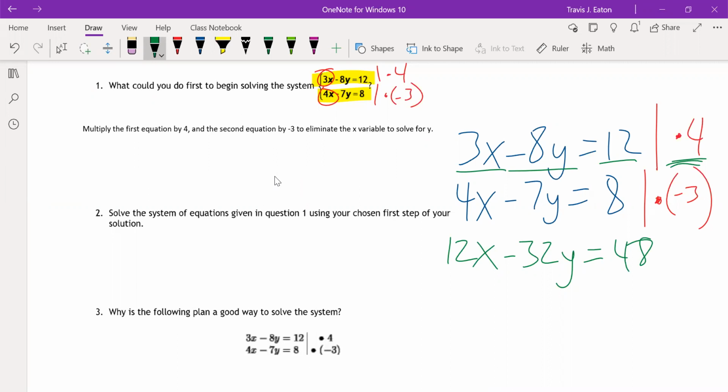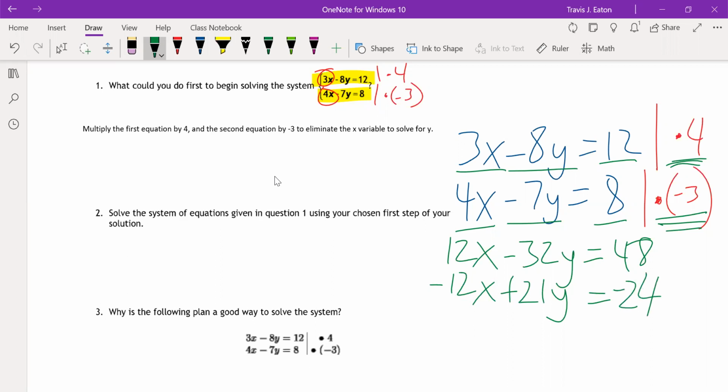Now, the next one, follow through on my plan. 4x times -3 is -12x. -7y times -3 is positive 21y. Got to keep track of those positives and negatives. And 8 times -3 is -24. I don't know if you noticed, but I always underline everything, so I make sure that I've multiplied everything by the number that is in my plan.